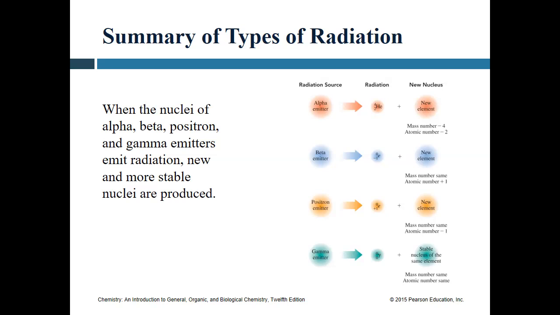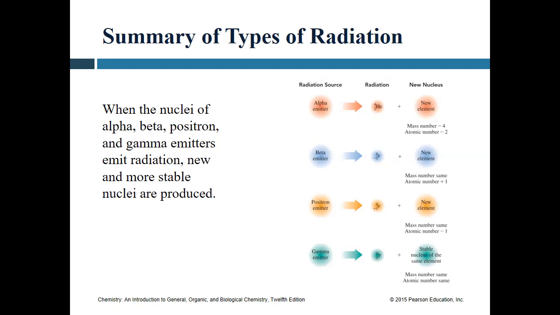What those new elements look like just depends on the type of radiation that we are looking at. And it's not something we really have to memorize. It's more a matter of, can we follow the nuclear equations? That's why we work on those nuclear equations, so that we can quickly monitor.